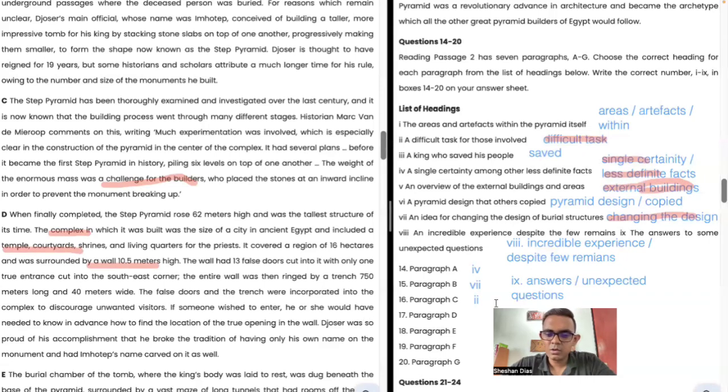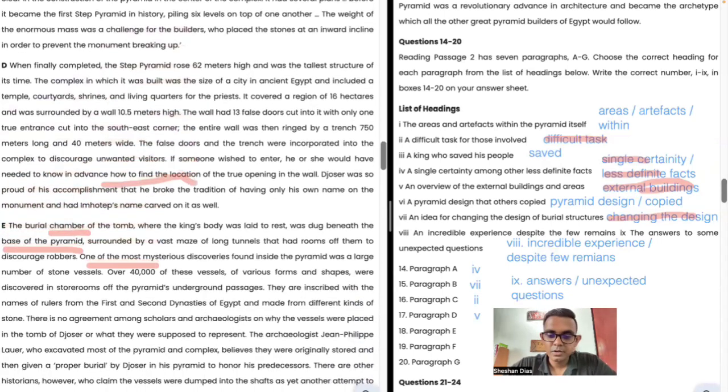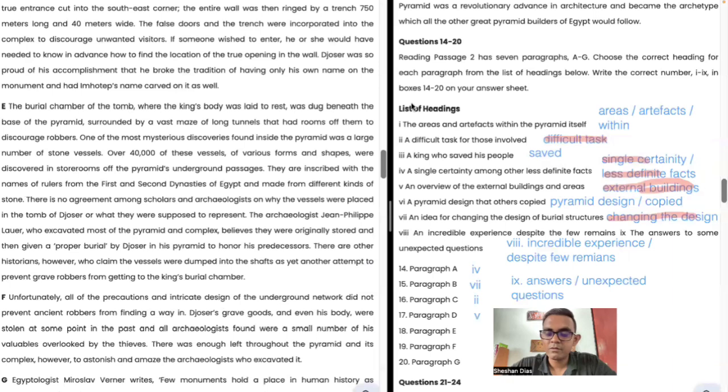Do you see how convenient this is, right? If we write down our keywords right at the start over here, it makes things very, very easy for us. All right, it makes it very easy to find the answers simply because all we have to do is search for the keywords. We don't have to keep going through the list of headings again and again.